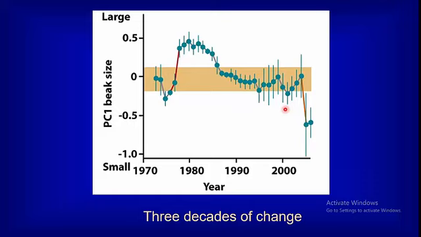Now suppose you do not really have that kind of resolution. Suppose you have, let's say, 20-year or 30-year resolution. Then what are you going to see? Suppose you have measured it here, and then again here, and again here. You are going to see, roughly speaking, the beak size remaining at roughly the same level, in roughly the same range.